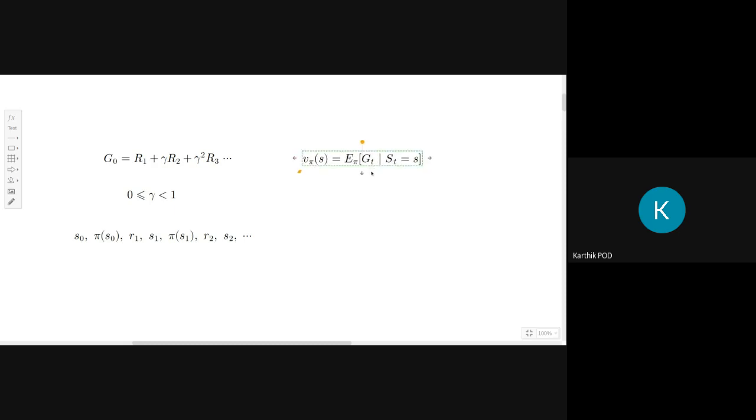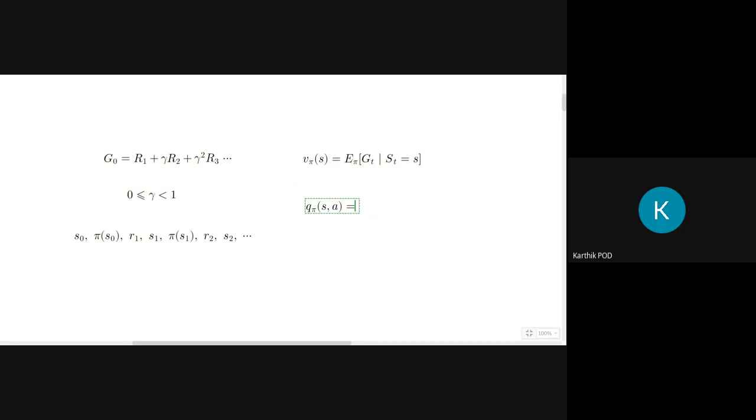I think we also defined the action value function, right? Have we defined that also in this week? Yeah, action value, we have defined. So let me just quickly go ahead and write that down. Action is coming from the MDP.